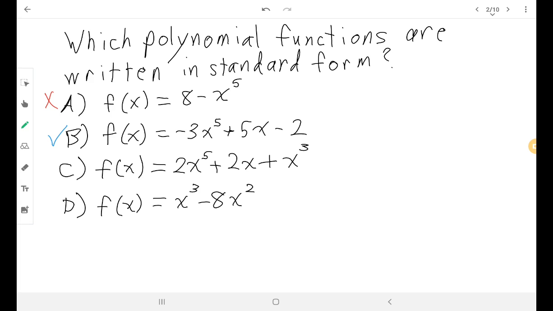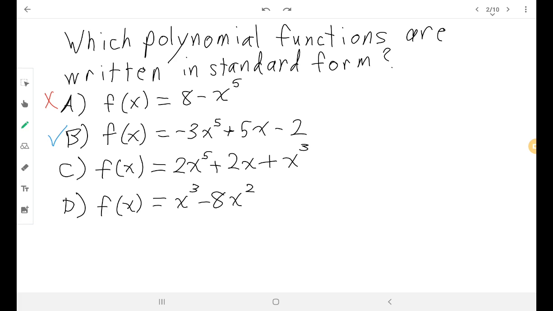That is indeed in standard form. Then when we look at C, well, x to the fifth, that's the highest exponent, is in the front, and that works, and that's exactly what we want to see. But then we've got x next, and then x to the third after that, and we actually want them to go down in order.